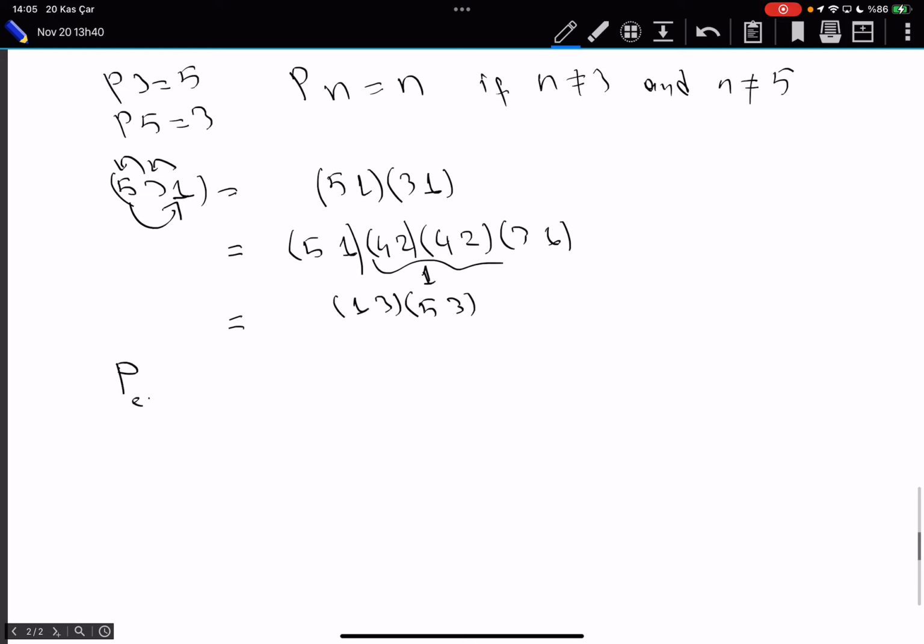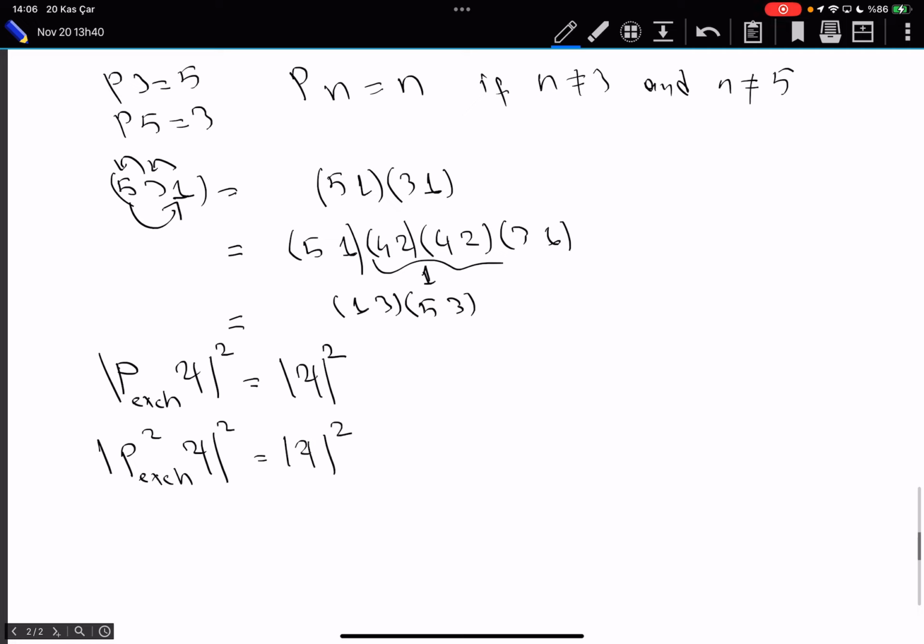So let's say, if you apply an exchange on our wave function, nothing should change. So if I apply the exchange twice, again, nothing should change, because this is identity.